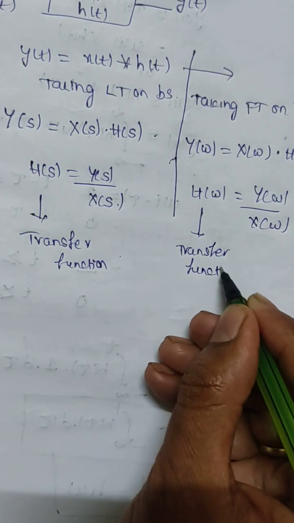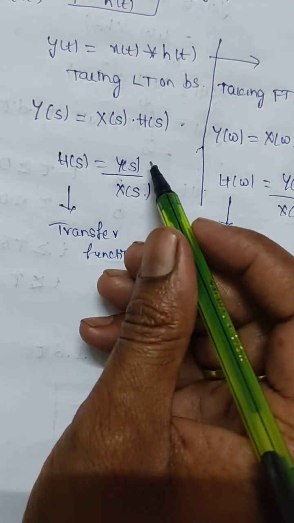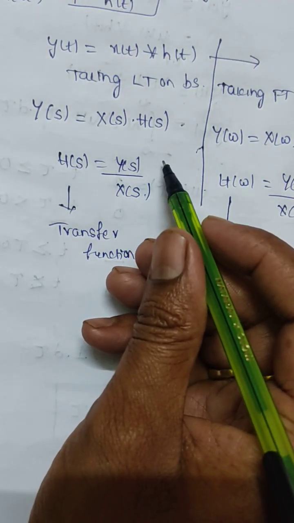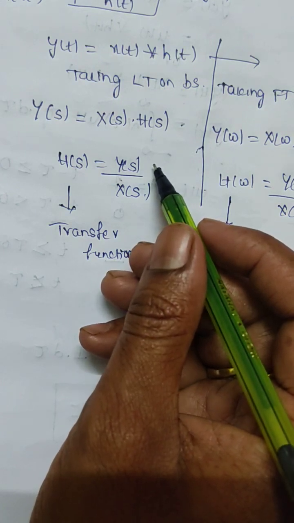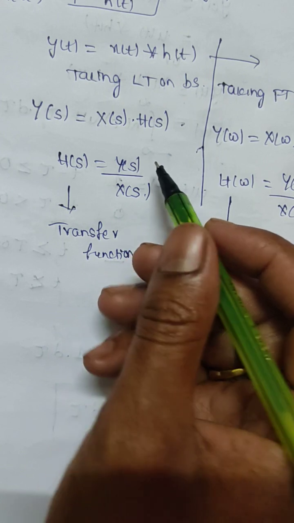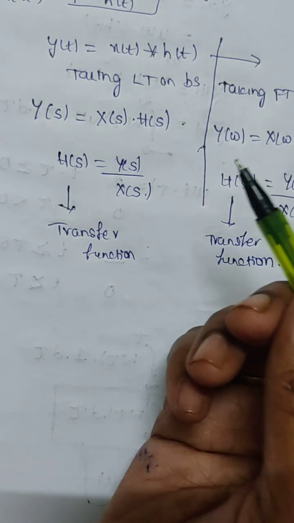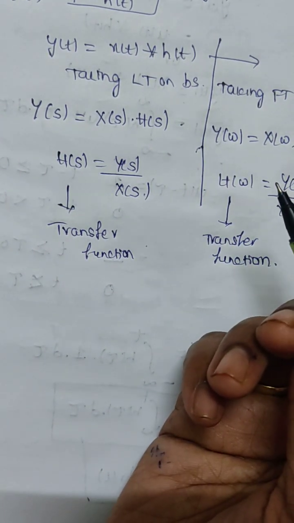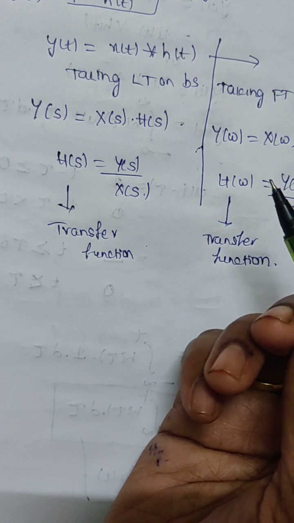So now the transfer function is defined as the ratio of the Fourier transform of the output signal to the Fourier transform of the input signal when the initial conditions are 0, or we can also say that it is the ratio of the output to the input in the frequency domain when the initial conditions are neglected.